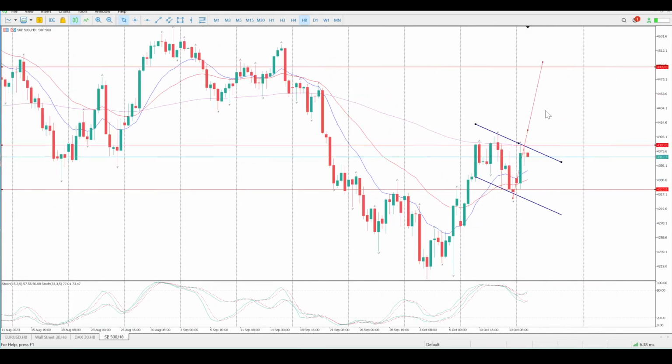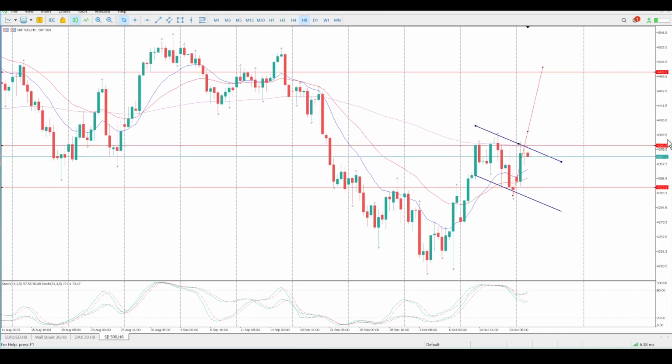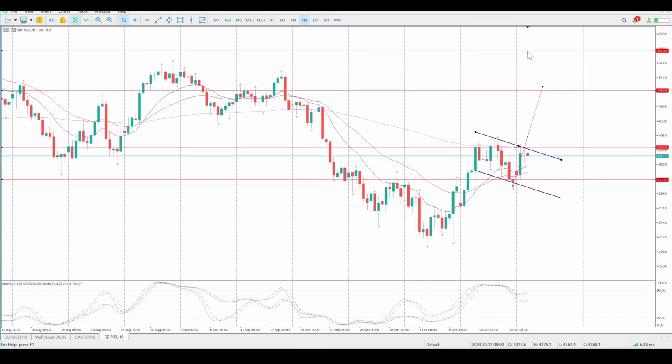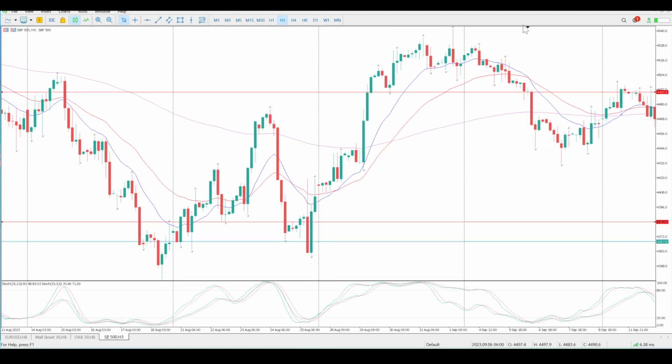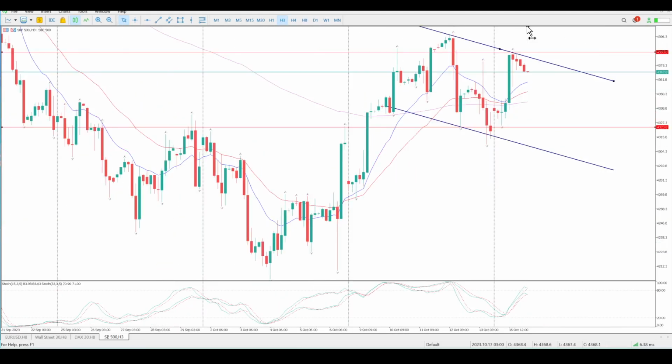So that would be the two upside targets. First one 44.89, and I would assume the second one is going to be around 45,000, and then you've got 45.63. So this zone here will be quite a bit of price action, so it'll be quite choppy if it does get up there. Anyway, let's just get through to what we need to be looking out for today.